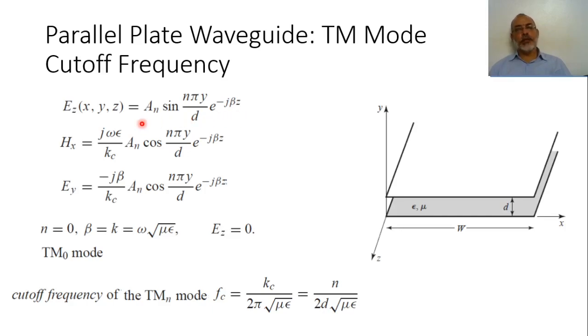We can see that the lowest order mode in the present case is where n equals 0. Cosine 0 is 1.